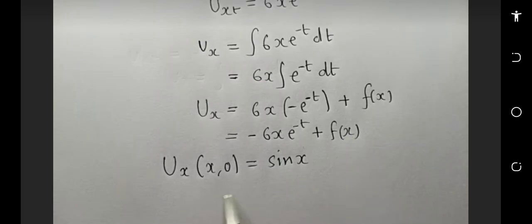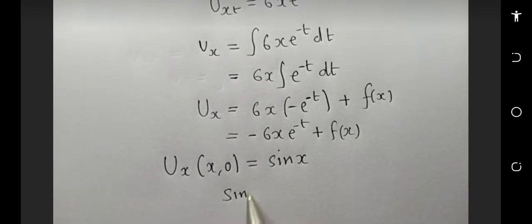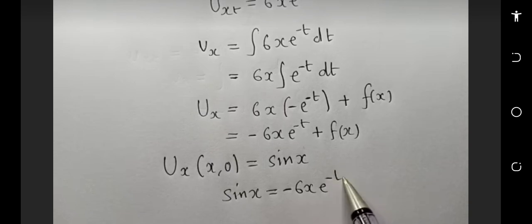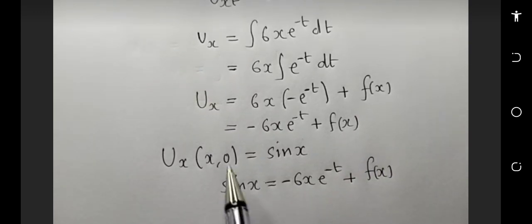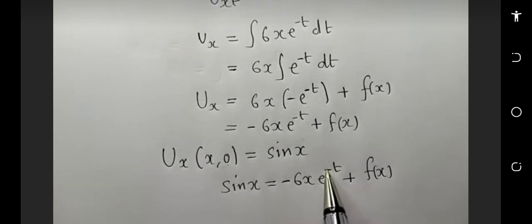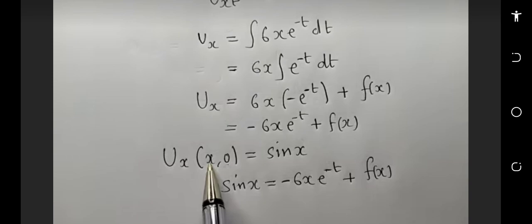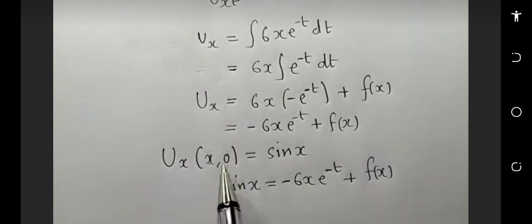So we're going to say sine x is equal to negative 6x e, okay, power negative t, plus f of x. Okay? So now, following this condition, where there is x we maintain it, but where there is t, we substitute a 0.